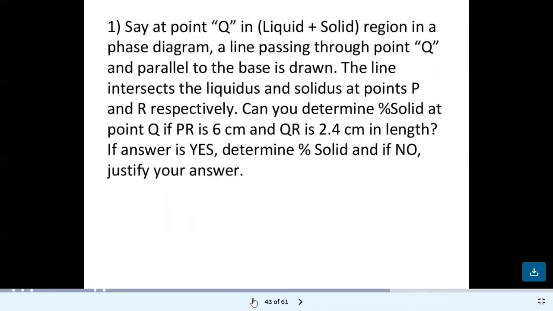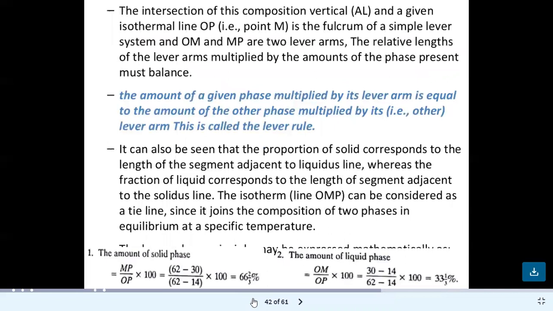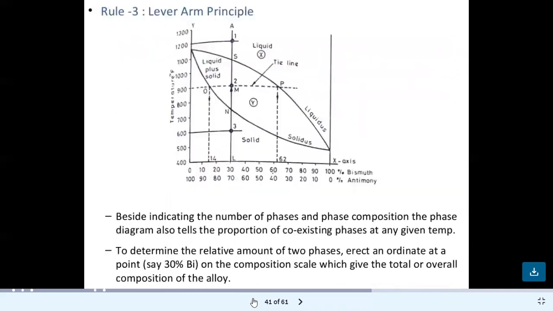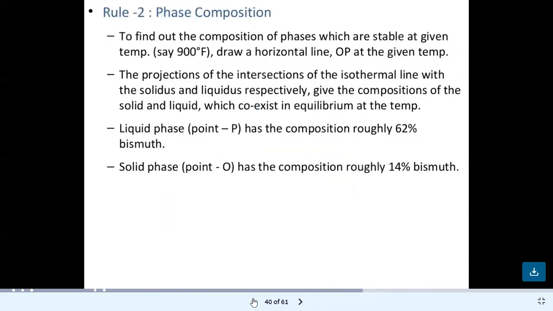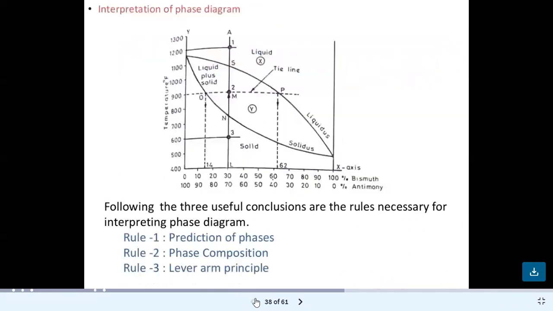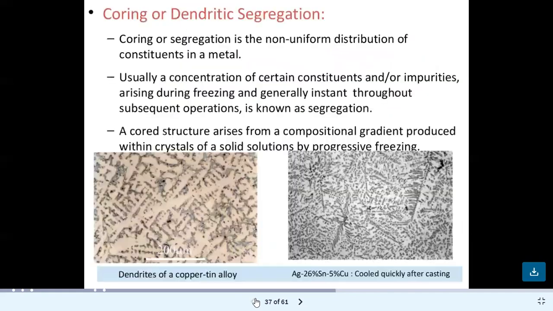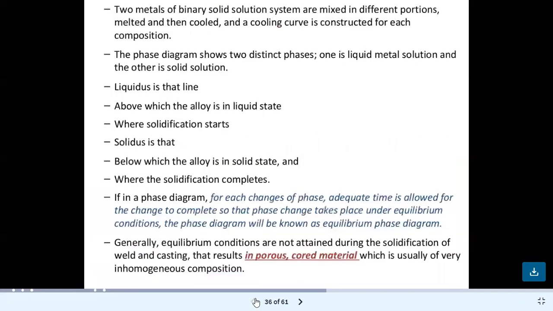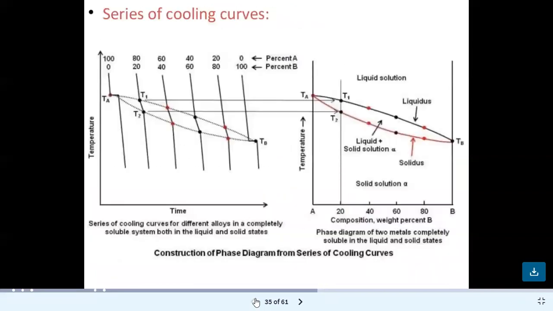Classification of equilibrium diagrams, then rules, lever arm principle, phase composition, prediction of phases, these rules. Then interpretation of phase diagram, this diagram is also seen. Then coring or dendritic segregation, series of cooling curves. Okay, so this much we finish in today's lecture. Thank you.